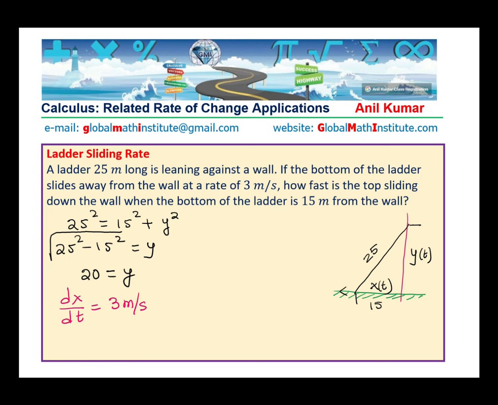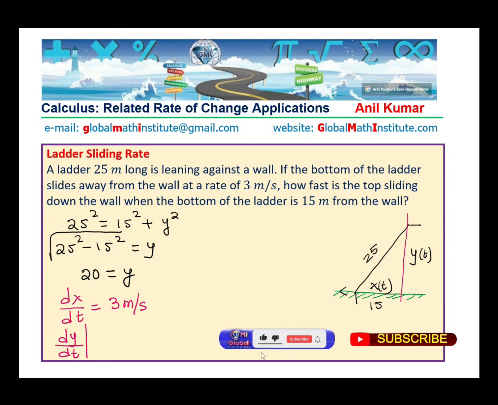How fast is the top sliding down the wall when the bottom is 15 meters away? So we want to find dy/dt when the value of x is 15. You get the whole idea. This is what we need to find.